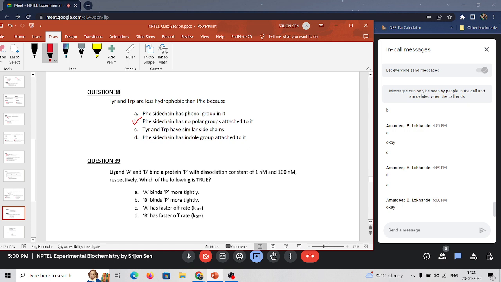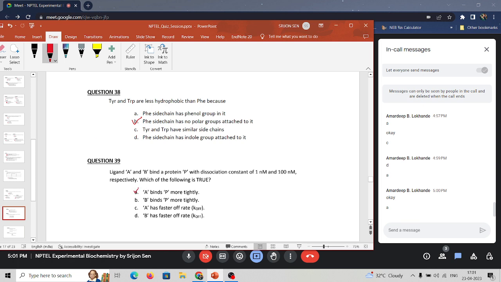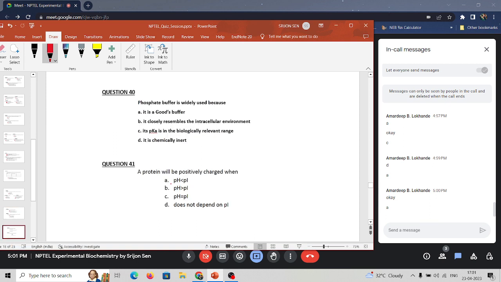Okay, never mind. Ligand A and B bind a protein P with dissociation constants of 1 nanomolar and 100 nanomolar. Which of the following is true? So they have given the dissociation constant values, the KD values of 1 nanomolar and 100 nanomolar. Very good. A binds P more tightly because lower KD means tighter binding.